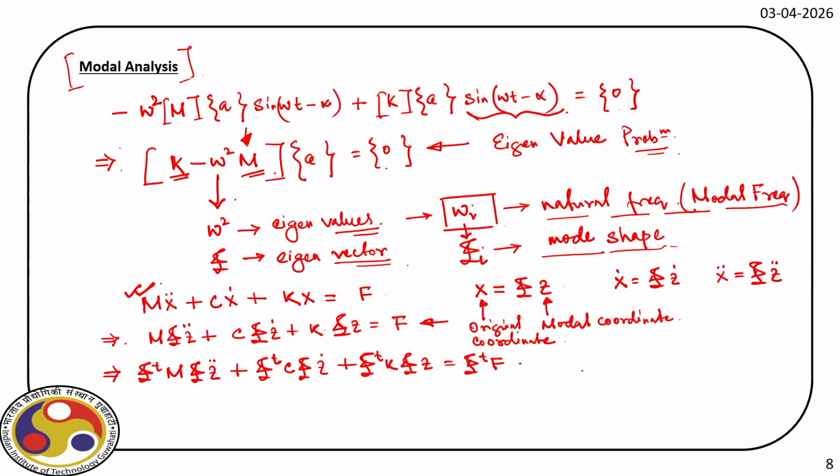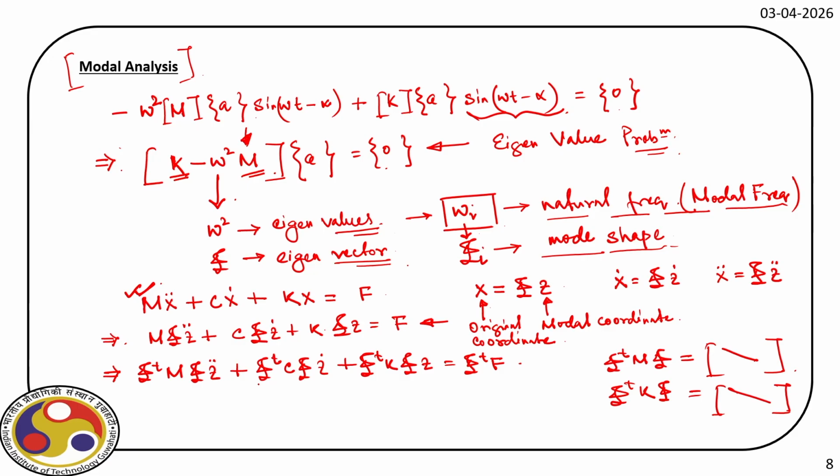Now, phi transpose m phi is a diagonal matrix, because of the orthogonal property, and phi transpose k phi, similarly, is a diagonal matrix. No off diagonal terms are there. All off diagonal terms are 0.